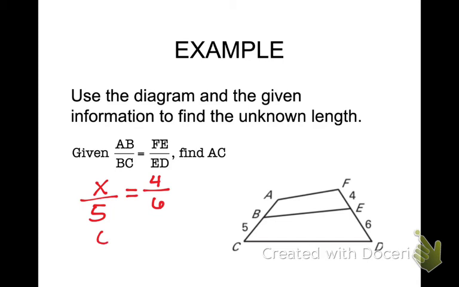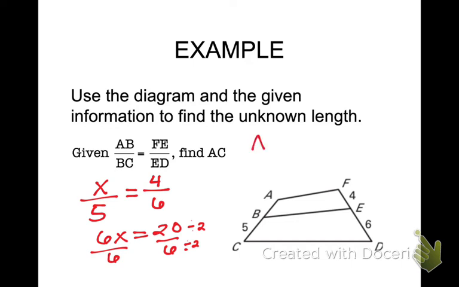Cross multiplying that gets us 6X is equal to 20. Dividing by 6. I prefer fractions over decimals, so just reduce that. What can I take out of both 20 and 6?